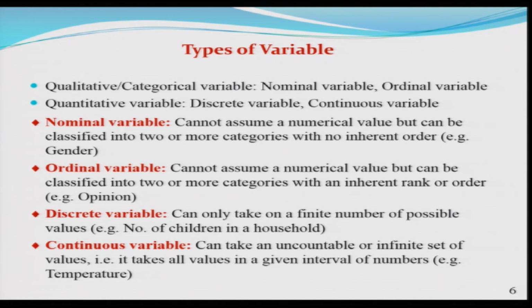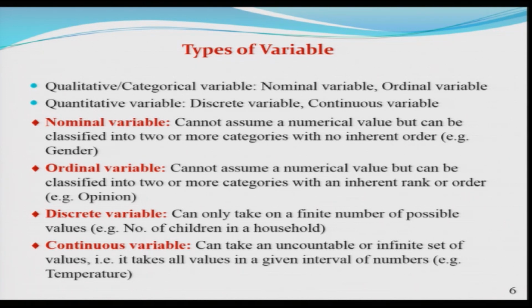Next we move on to ordinal variable. Ordinal variable is also another type of categorical variable, but this one is somewhat different from nominal variable in the sense that when we define nominal variable, we talked about no inherent order in the categories where we are classifying one nominal categorical variable.